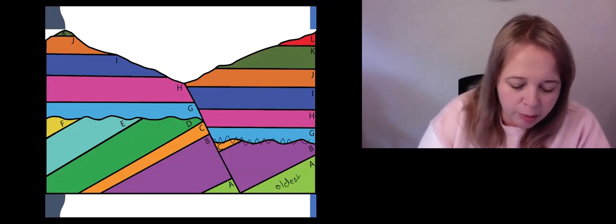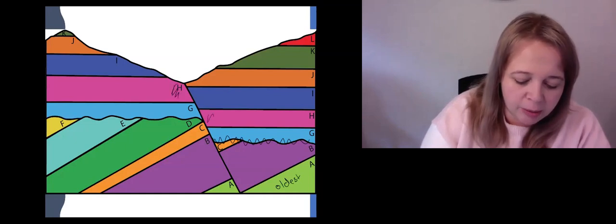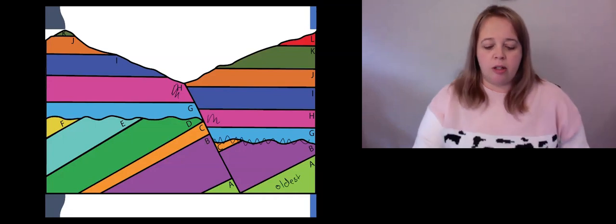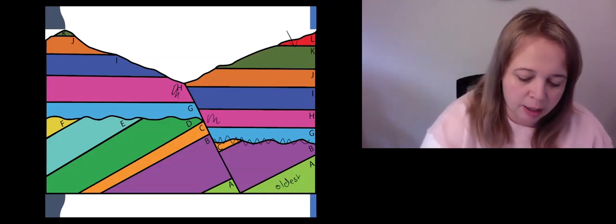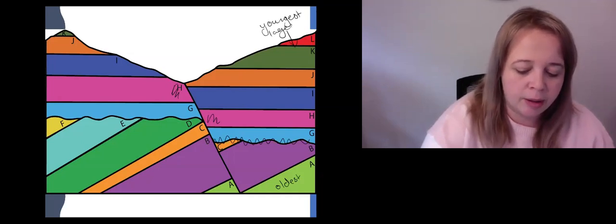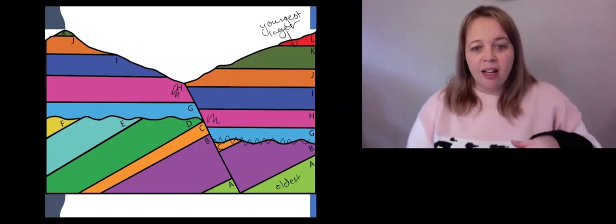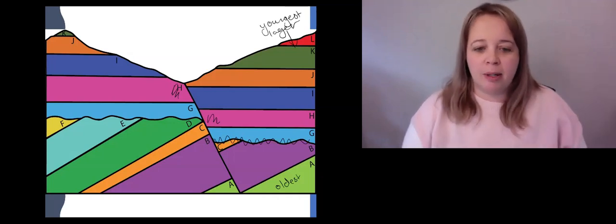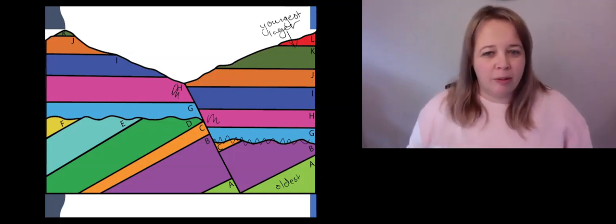But it doesn't matter where you are. This layer will have similar fossils to this layer, and so on and so forth. So this layer L up here is going to be the youngest layer here too. If you find a fossil in that layer, you can determine that it was younger and existed a lot more recently compared to the previous ones. And hopefully that's a little bit of a summary on what relative dating is.